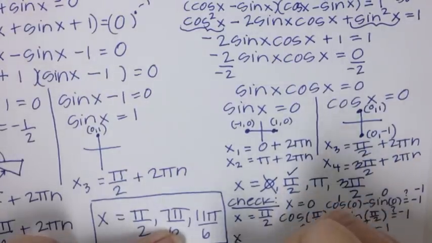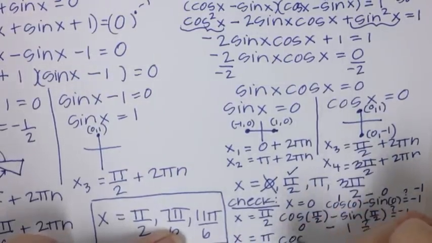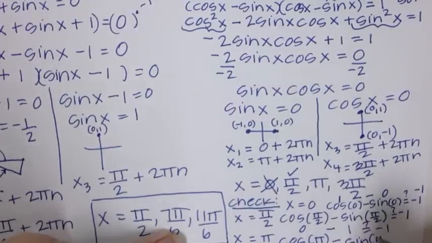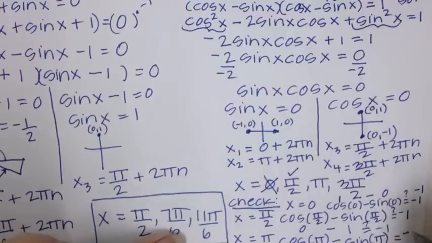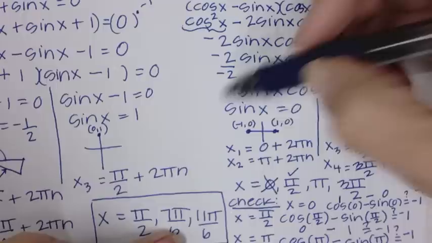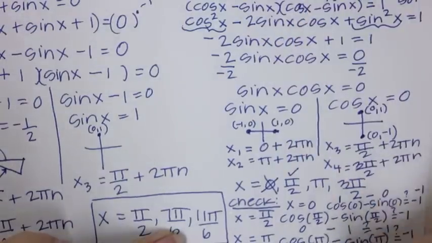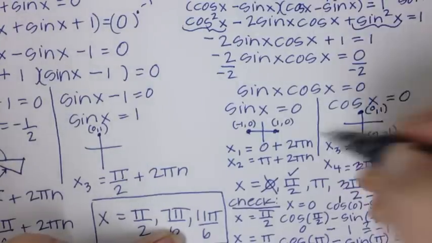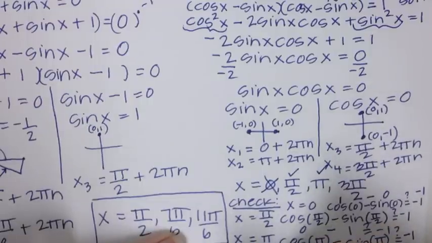Then we're going to do pi, plugging it in. Some of you can do this mentally. Some of us need to write it down so we don't make silly mistakes. Cosine of pi is over here. That's going to be negative 1 minus the sine of pi, which is 0. Guess what? That one works too. Let's see about that last one.